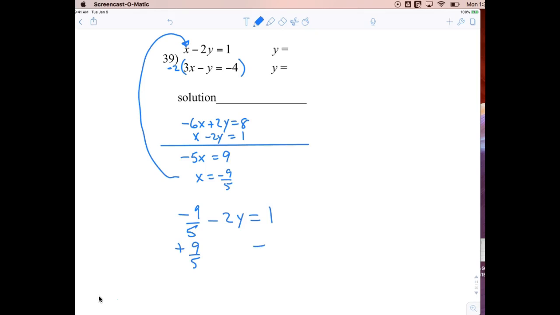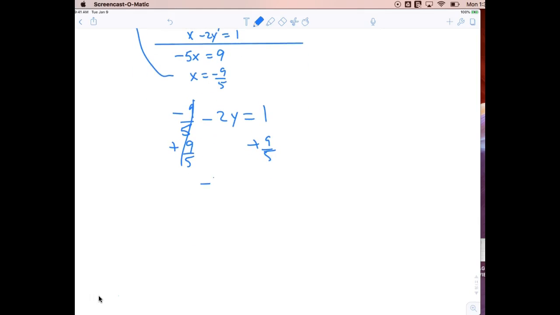So I end up with negative 2y is equal to, well, 1 is 5/5, so 5/5 plus 9/5 is 14/5. And now when I divide by negative 2, y is negative 7/5.